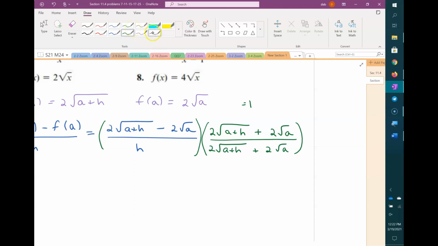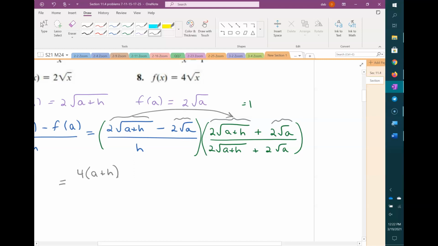So that's a legal thing to do. I've multiplied by 1. So now I need to look at these 4 terms and FOIL. So I'm going to have outers, 2 times 2 is 4. Square root of a plus h times square root of a plus h is a plus h.